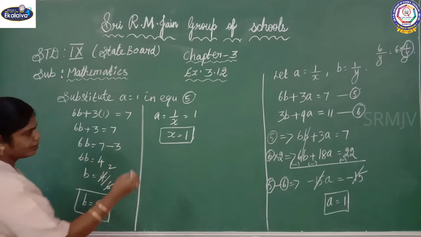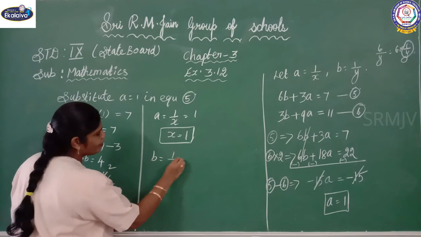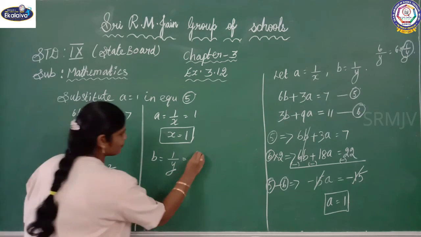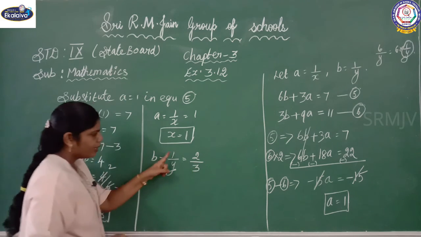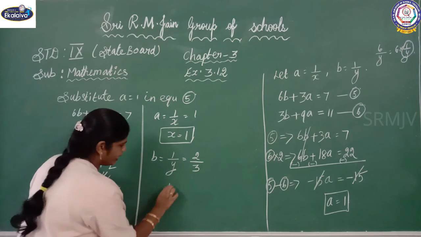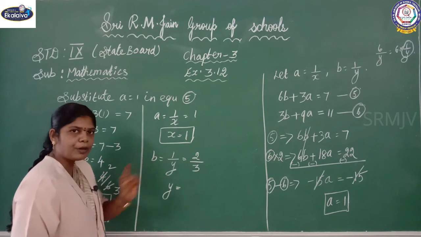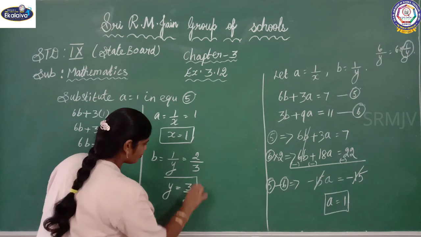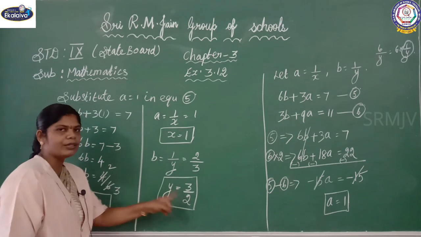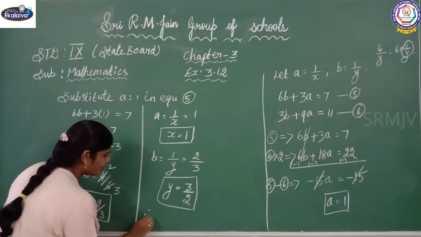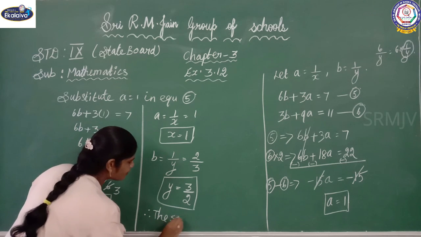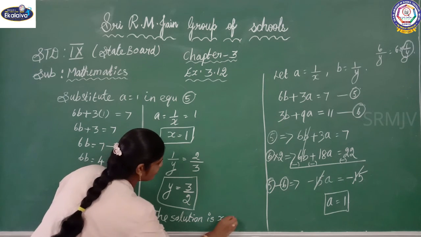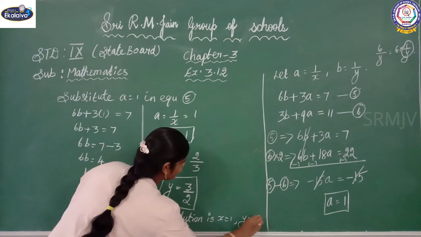Next, b equal to 1 by y. So what is the b value, children? 2 by 3. Take the reciprocal. The reciprocal of 1 by y is y, and the reciprocal of 2 by 3 is 3 by 2. So y equal to 3 by 2. Therefore, the solution is x equal to 1, y equal to 3 by 2.